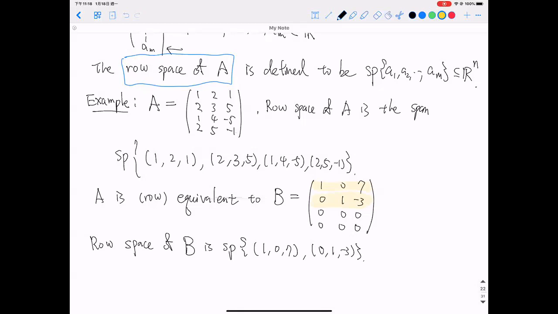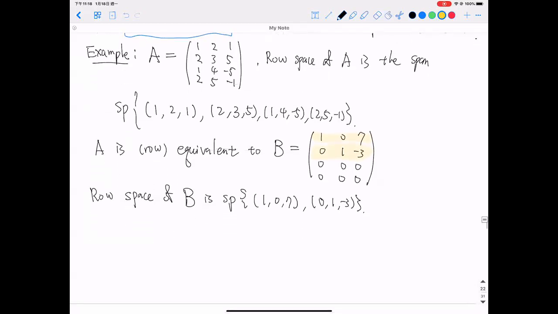Now my claim is that the row space of A, which as you can see is a subspace of R3, and the row space of B, also a subspace of R3, are the same space.